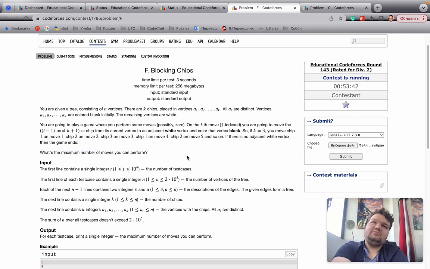So okay, assume we did binary search on the answer. So for each chip we know how many moves using that chip we can make. So we should choose a path with given start. We cannot go back because that vertex is black.